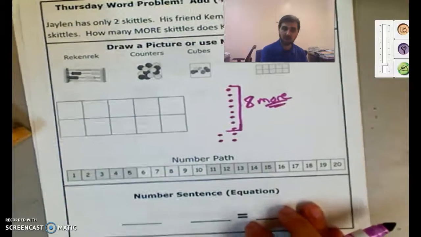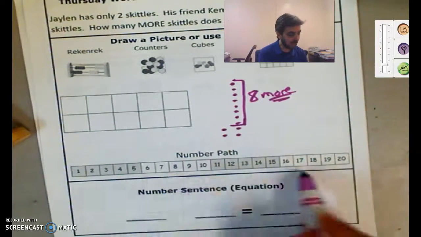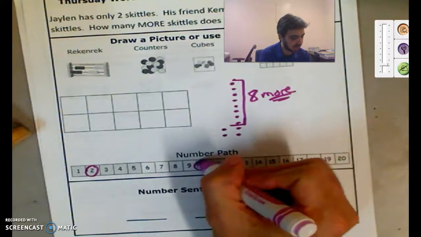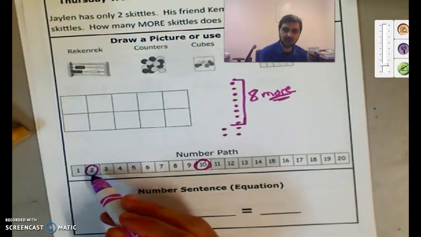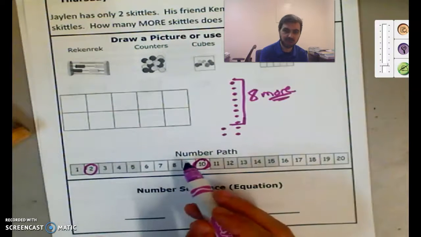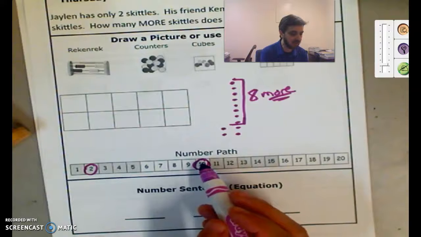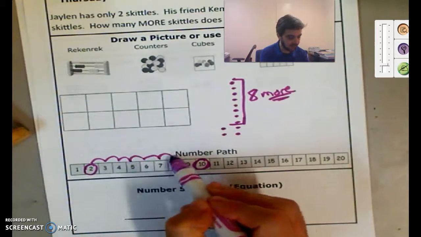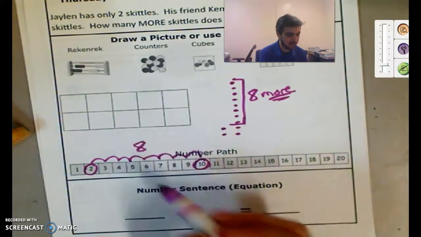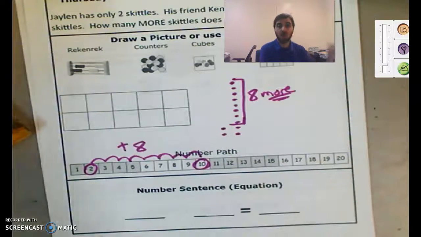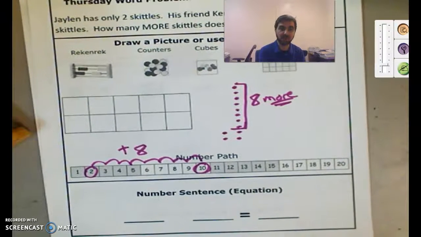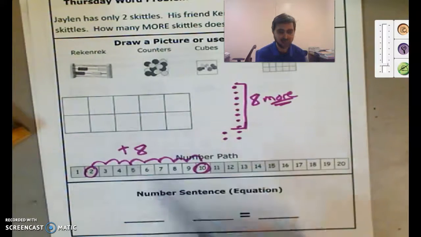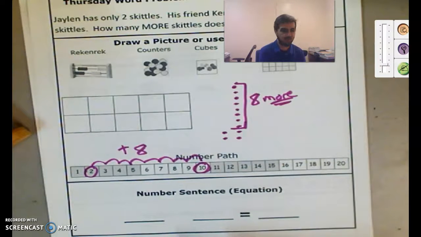Okay? So another way to think of that, if we're on our number path, here's 2 Skittles, here's 10. How far is it to go from 2 Skittles to 10? How much further is 10 than 2? So look, 1, 2, 3, 4, 5, 6, 7, 8. Okay, we have to go up 8. Or you could have found the difference, which is 10 going back to 2. 10 minus 8 is also 2. Okay?